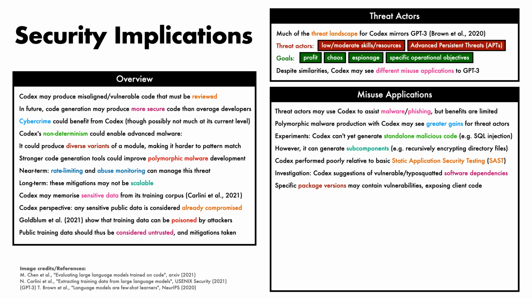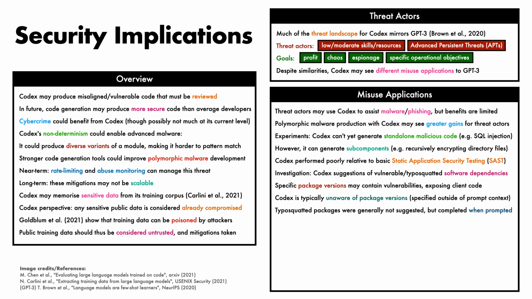However, at least for now, Codex is typically unaware of package versions since they are specified outside of the prompt context, usually in a separate file. It was also found through experimentation that typo-squatted versions of packages were generally not suggested from scratch, but that they would be completed by Codex if provided with a partial misspelt prompt. A next experiment investigated Codex for phishing attacks, but found no benefits over existing language models.